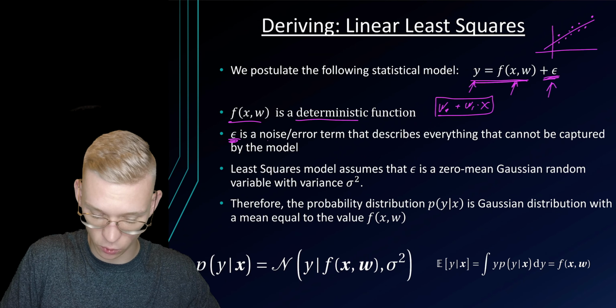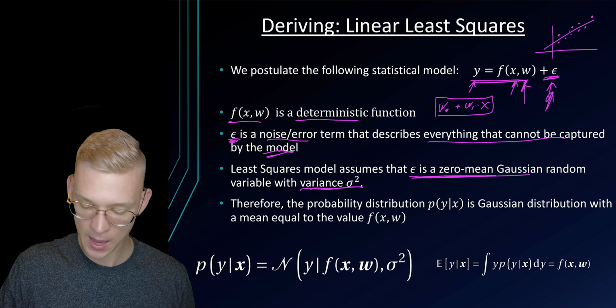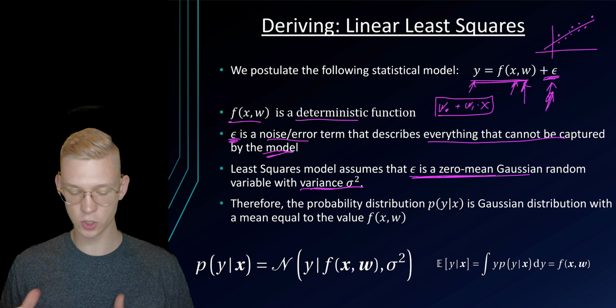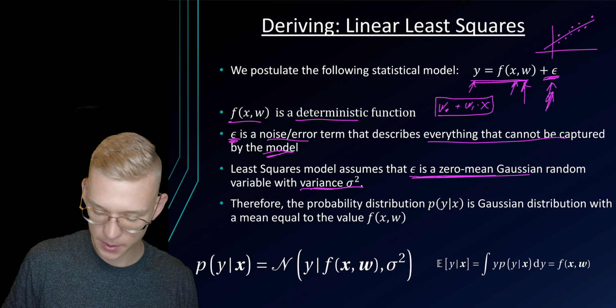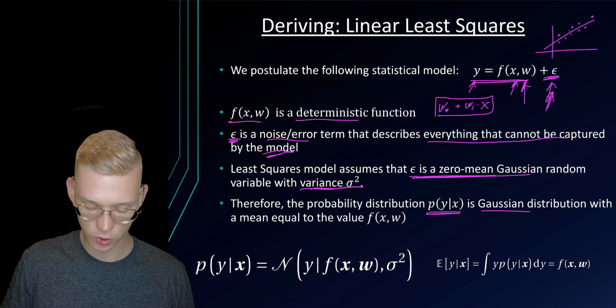And now we can say that if we have this as a distribution function and we add a constant term to it, so we just shift the mean. So our probability of y given x is a Gaussian distribution with the mean equal to f of x and w.